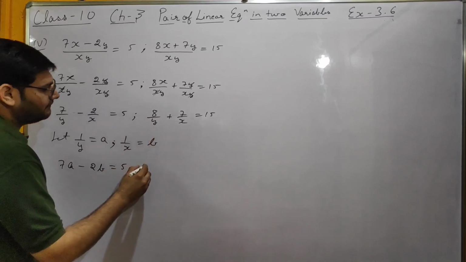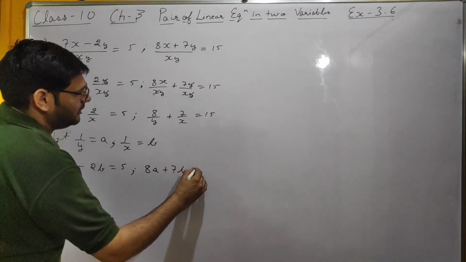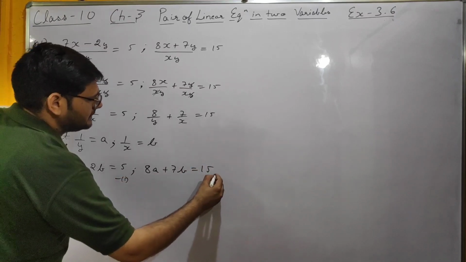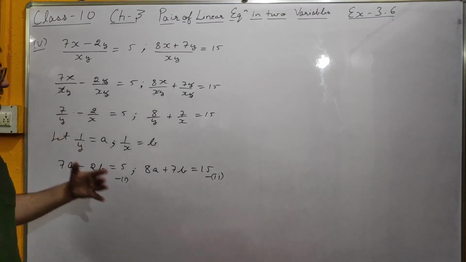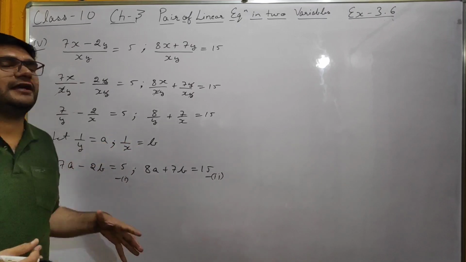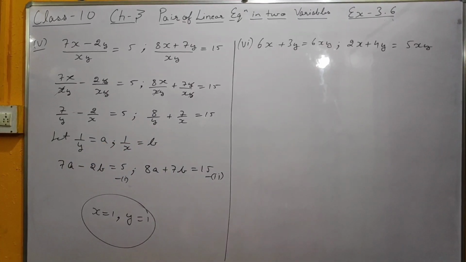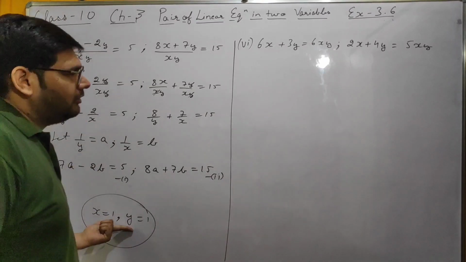And second equation, 8a plus 7b equals to 15. So this is first equation, this is second equation. So now you can solve and find out the value of a and b. After finding the value of a and b, you can put the values back and find the value of x and y. And after solving, you will find the value of x will be 1 and y will also be 1.